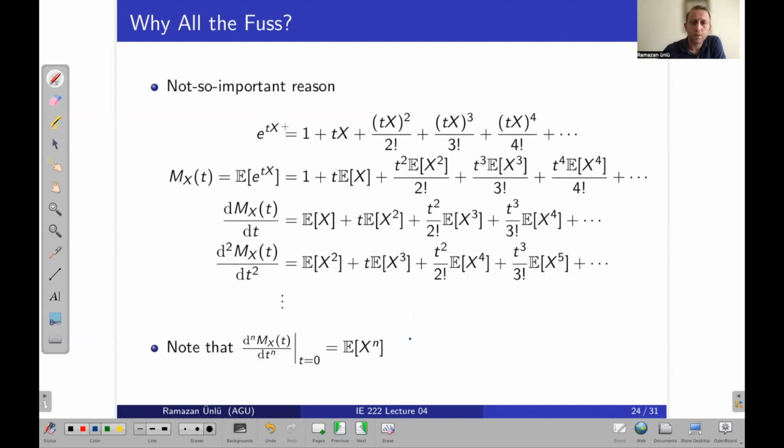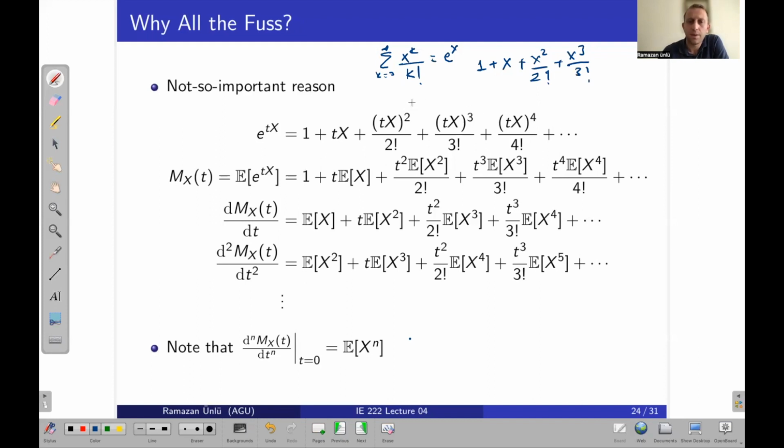Before going to the details, let me remind you of something. Remember that the sum of x to the k divided by k factorial, for k from 0 to infinity, is equal to e to the x, right? If k is 0, that will be 1. If k is 1, that will be x. If k is 2, that will be x squared divided by 2 factorial, and so on, right?